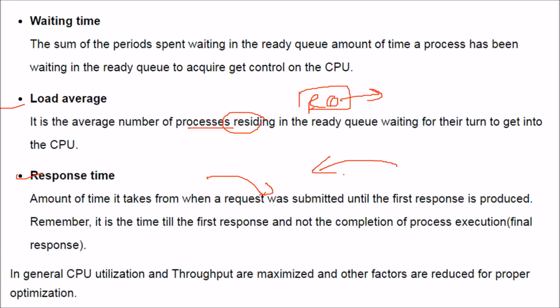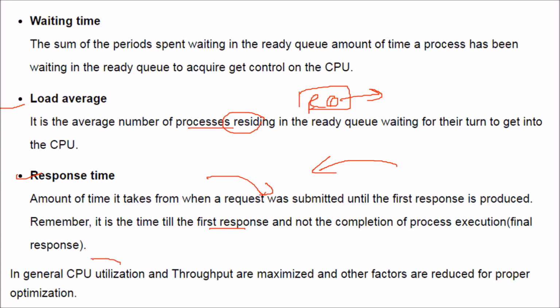You are asking someone to give tea and the other person is not responding. The other may respond in say 2 minutes. That is the time. So it is the time till the first response, not the completion, because the time he or she is going to take to make tea may be more than that. That is the response time.